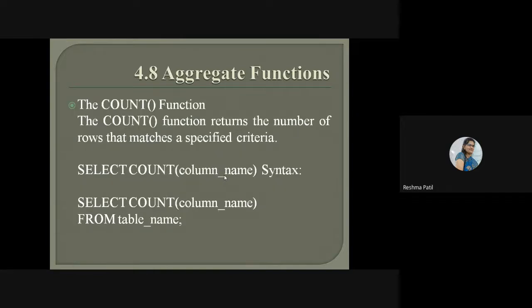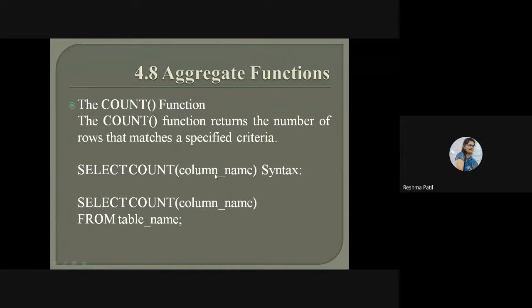Now next we will check the count function. The count function returns the number of rows that match a specified criteria. What condition you have written, on the basis of that condition it will show the count of your query.